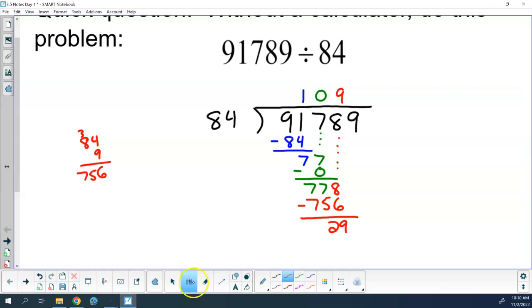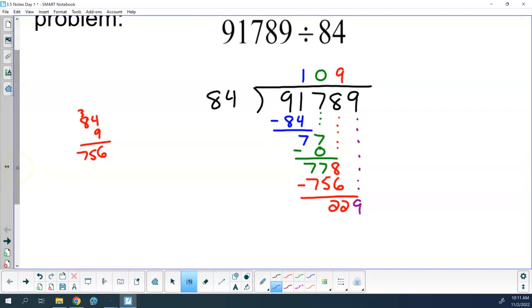I put 29. You bring down the next digit, then it goes in 2 times, which is 168. Then 61.